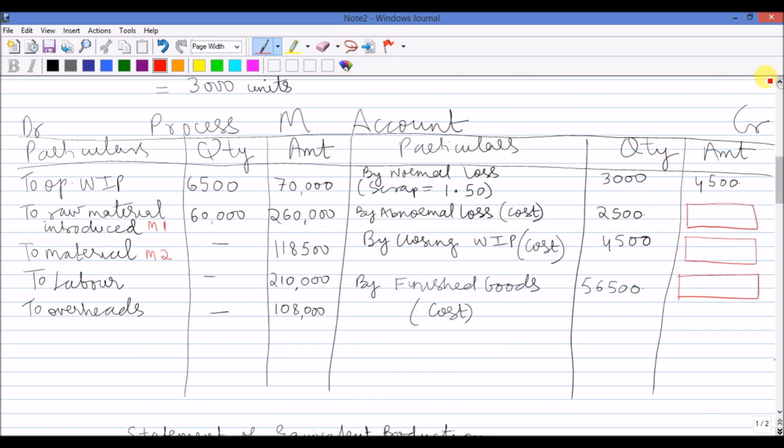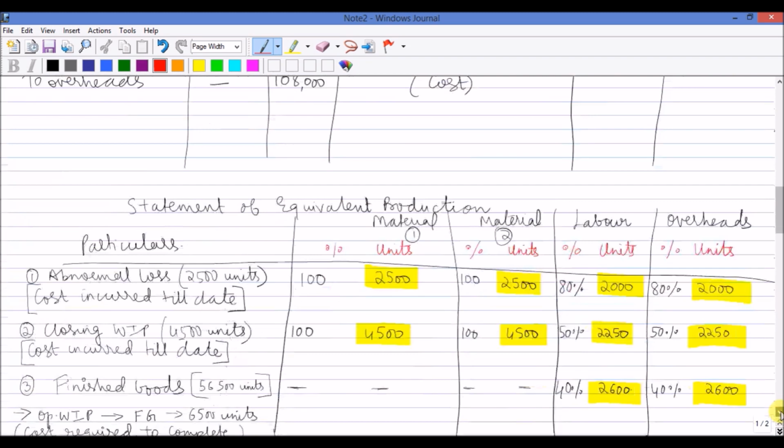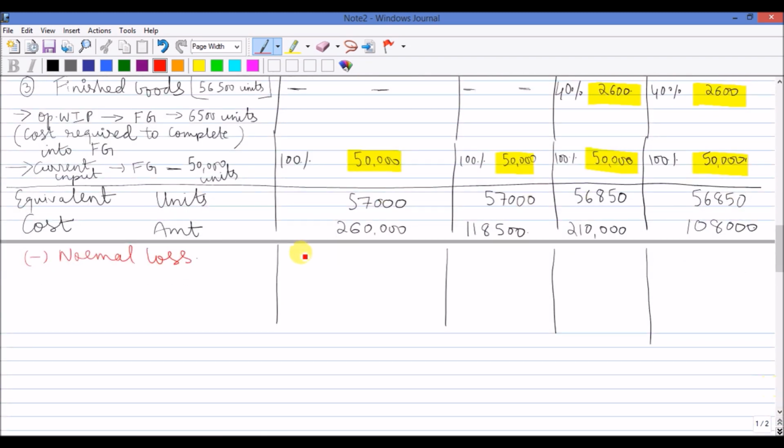It doesn't matter. So I'm subtracting it from material 1 since it is having units, and the normal loss is also having units. So I'm subtracting the normal loss, which is 4,500, from material 1.